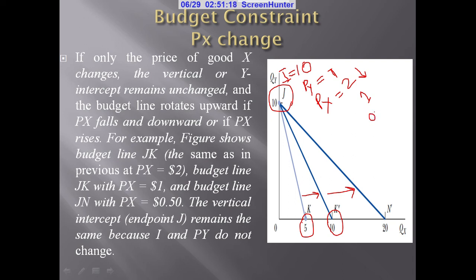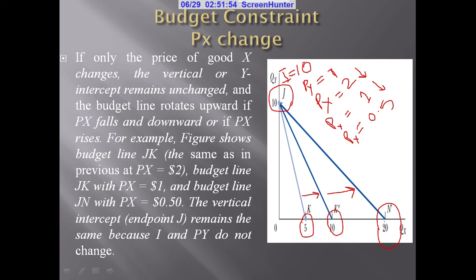When the price of X equals 0.5, from 1 it has now decreased to 0.5, the individual is able to purchase 20 units of commodity X, keeping consumption of commodity Y at 0. Now the individual is able to purchase 20 units if he spends all of his income on X.